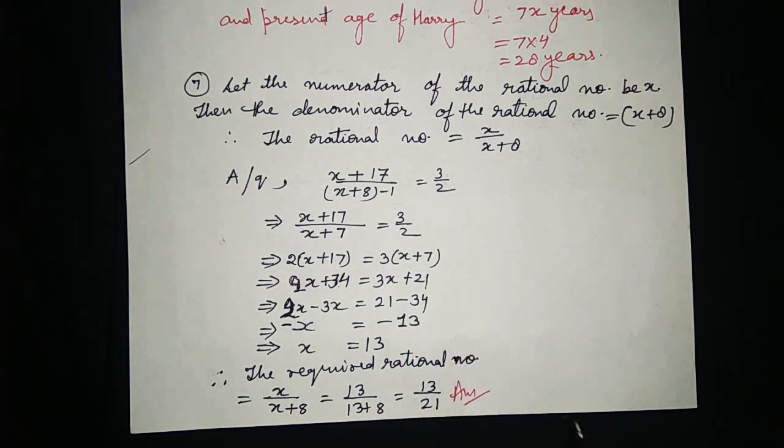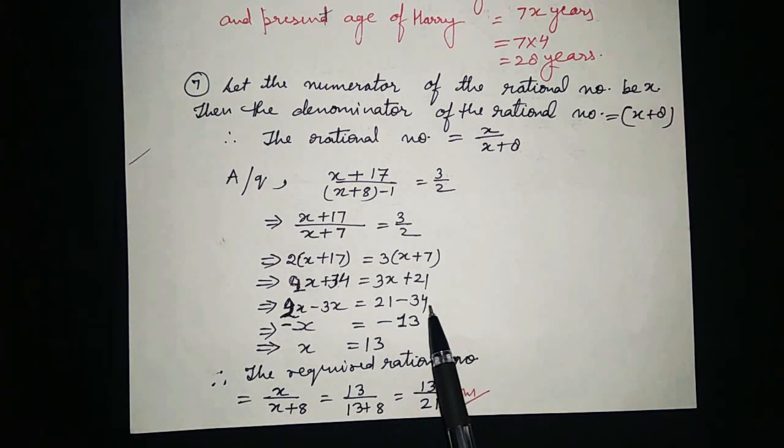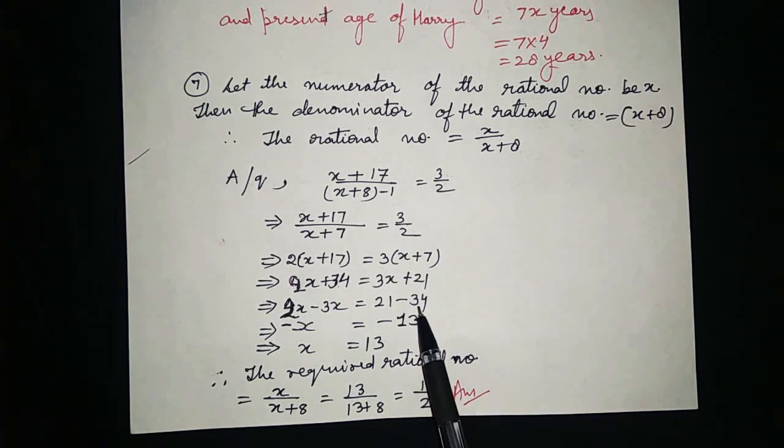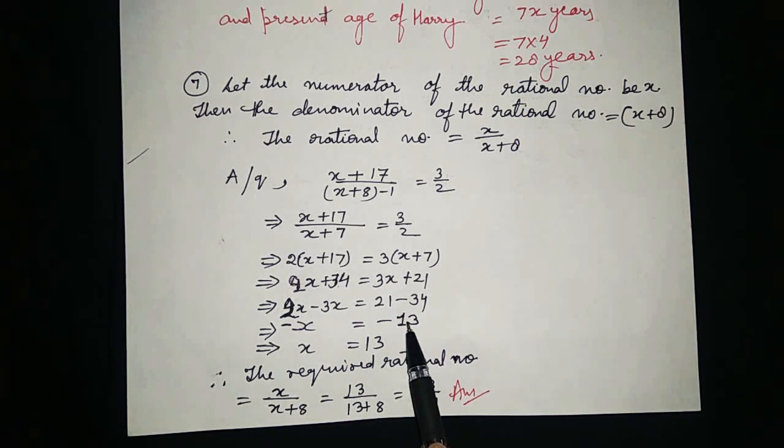Now in the next step you can see 2x minus 3x. If we subtract 3x from 2x, we get minus x. On the right hand side, if we subtract 34 from 21, we get minus 13.